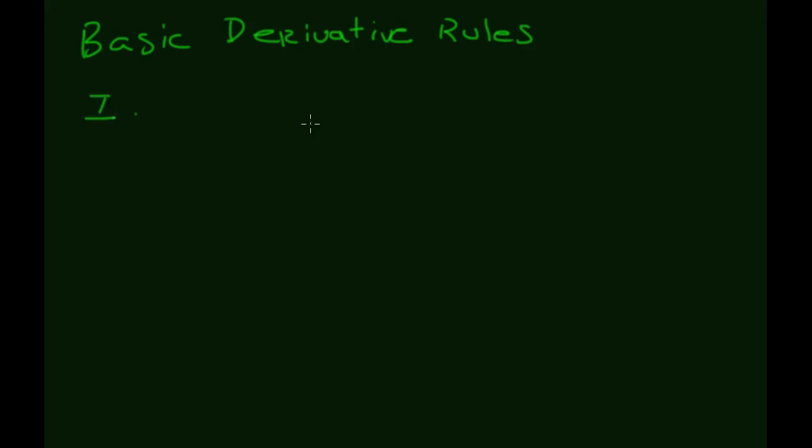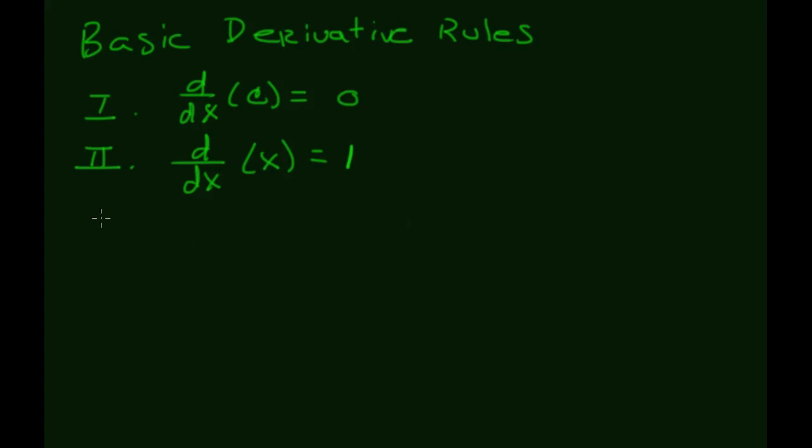The first one is that if I take the derivative of some constant, I get 0, because the constant isn't changing, so it makes sense that its instantaneous rate of change is 0. If I take the derivative of the function y equals x, well, its slope doesn't change, it's just its slope, which is 1.